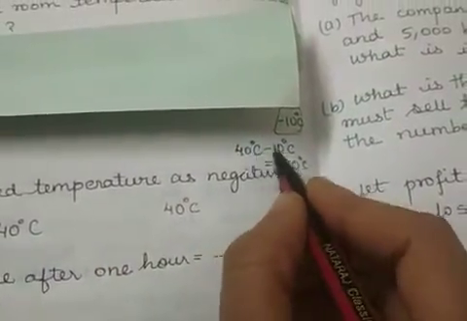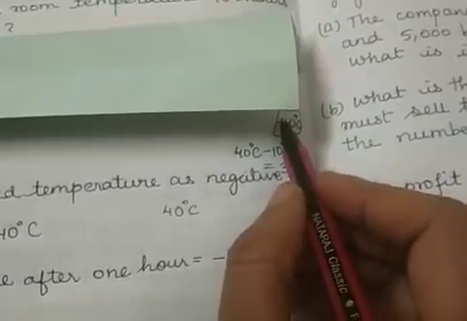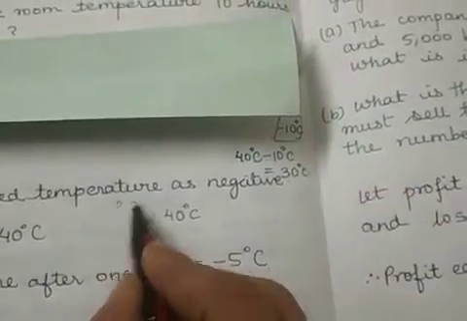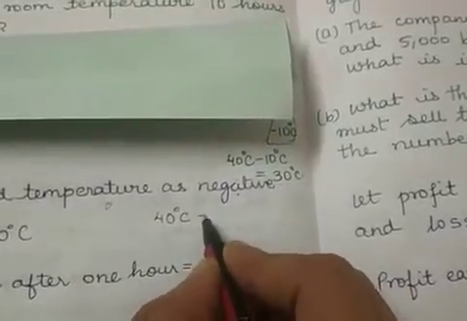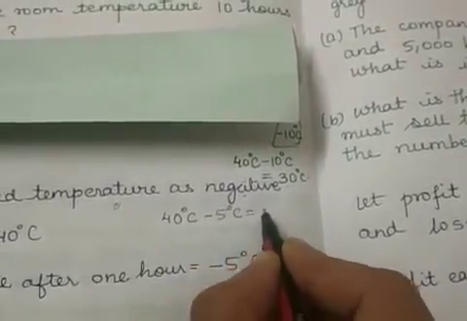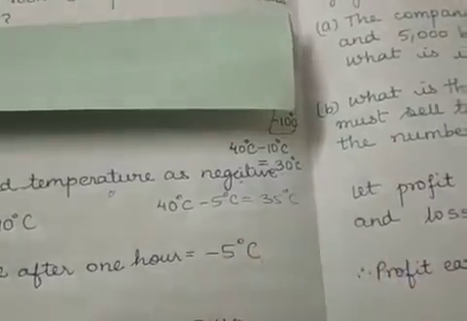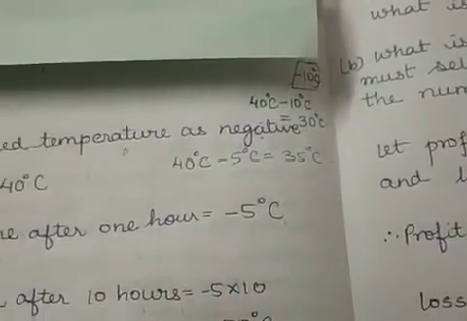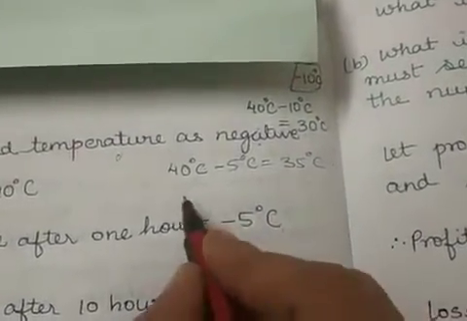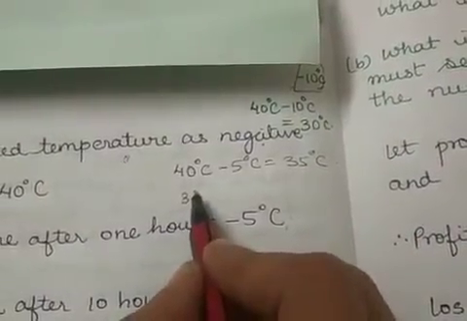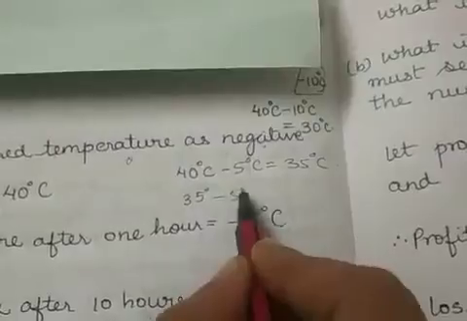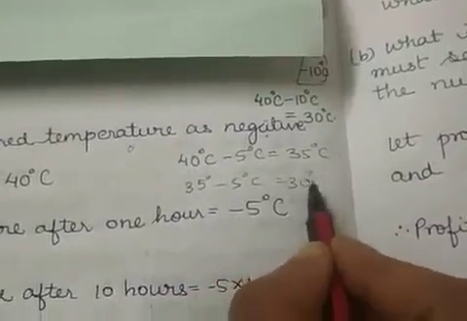After 1 hour, it was reduced by 5 degrees Celsius. Correct? So after 1 hour, what will be the temperature? It will be 40 degrees Celsius minus 5 degrees Celsius, which is 35 degrees Celsius. Now after 2 hours, how much will it be? After 2 hours, you will get 35 degrees Celsius minus 5 degrees Celsius, which is 30 degrees Celsius.